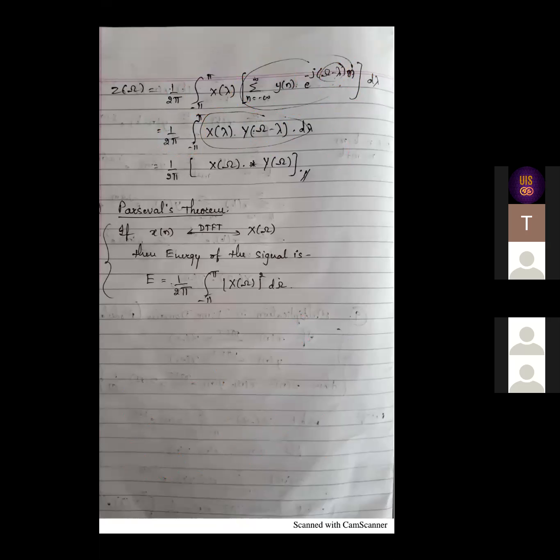Just try to recall, what is this? This is your convolution equation. 1 by 2 pi constant as it is outside. This is the convolution of two signals x and y, where I think you have used tau as the variable: integration x of tau, h of t minus tau d tau, right?